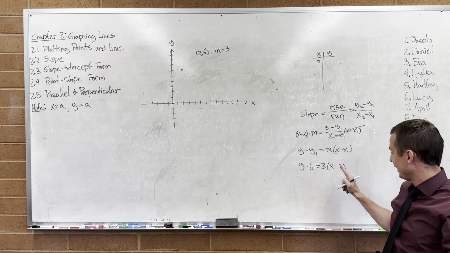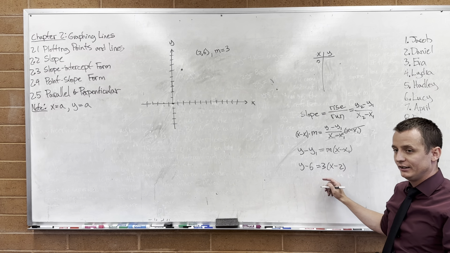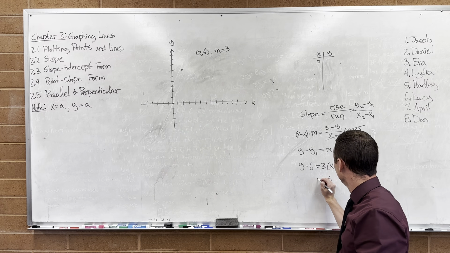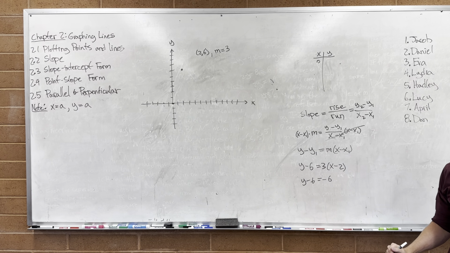Negative $2. So negative 2 times 3 is negative 6. So we have y minus 6 is equal to negative 6. Then add 6 to both sides, and y equals 0. So it turns out this line is going to go through (0, 0). That's one way you could have done it.